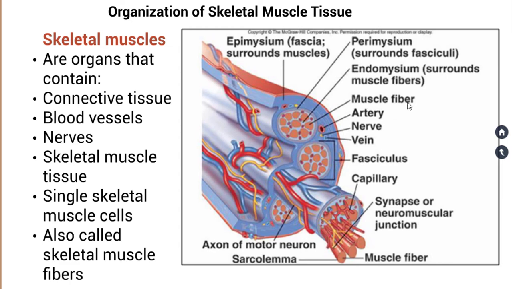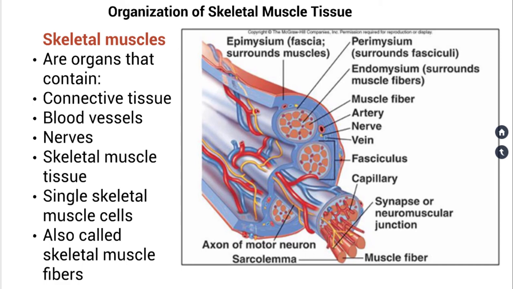Skeletal muscle fibers can be quite large for human cells, with a diameter up to 100 micrometers and length up to 30 centimeters, or approximately 11.8 inches.